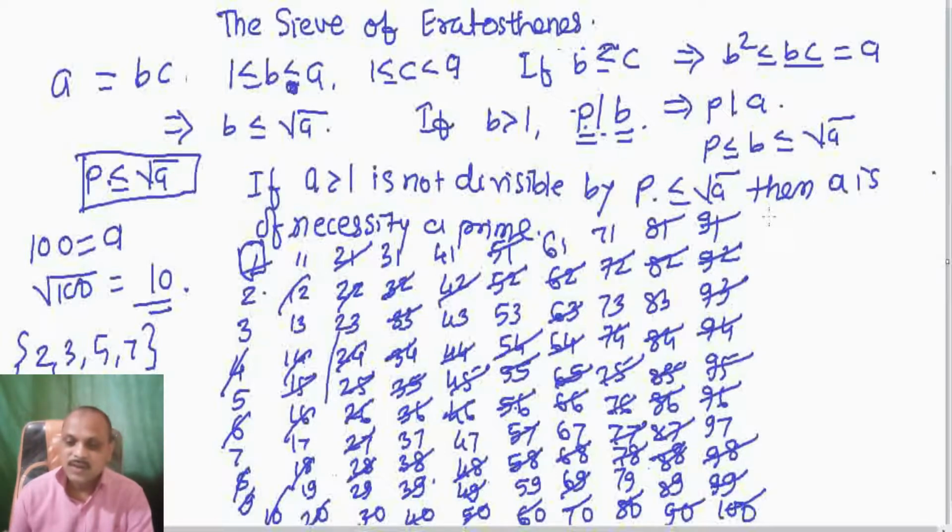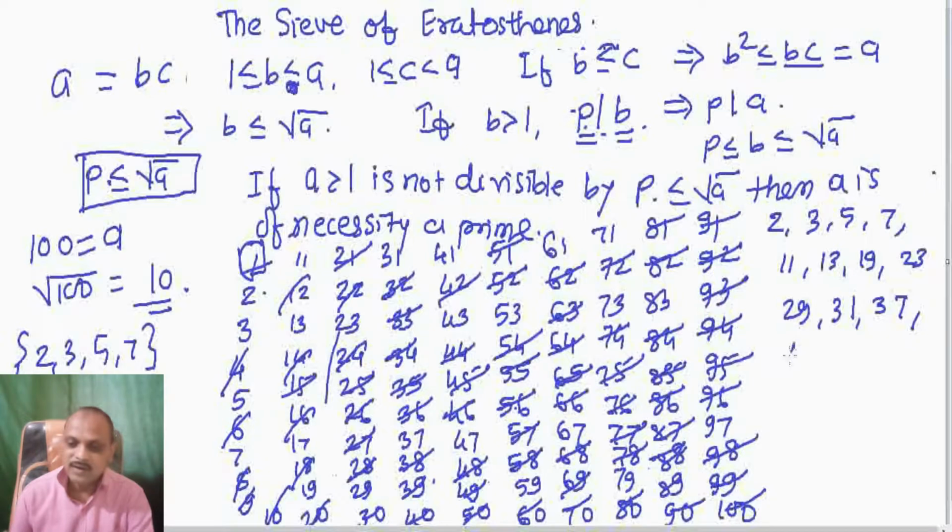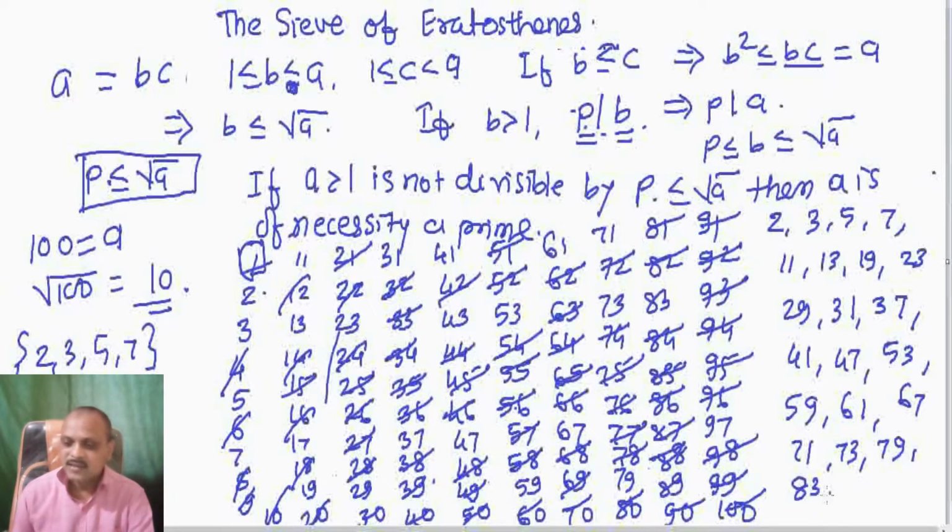You can see that 2, 3, 5, 7, 11, 13, 17, 19, 23, 29, 31, 37, 41, 43, 47, 53, 59, 61, 67, 71, 73, 79, 83, 89 and 97.